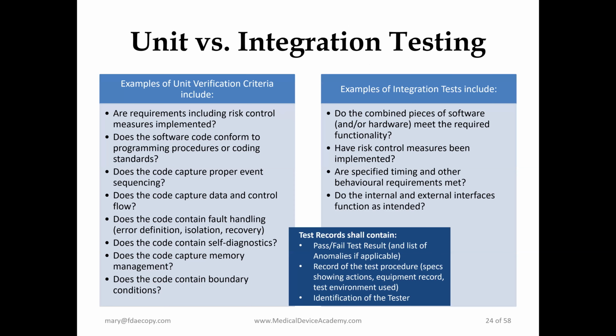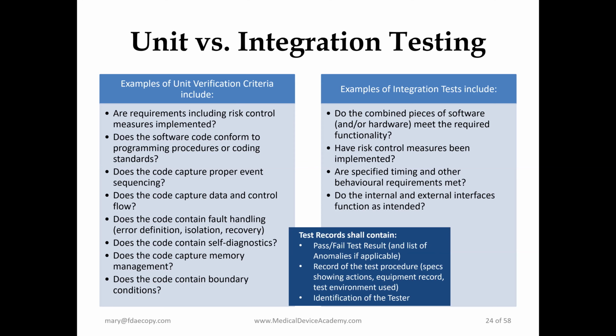So this slide gives some examples of what unit and integration testing require or what they might look like. So when you're looking at the unit verification, you're making sure that a specific risk control was implemented or that the code conforms to a specific programming requirement or procedure. Whereas for integration testing, you're checking to make sure that the combined pieces of software meet the functionality.